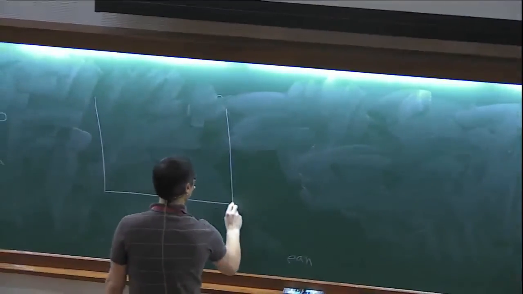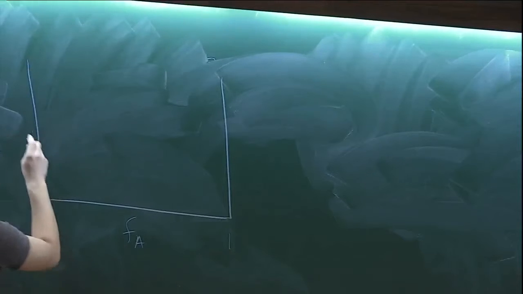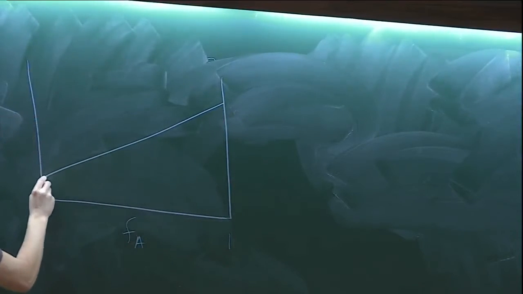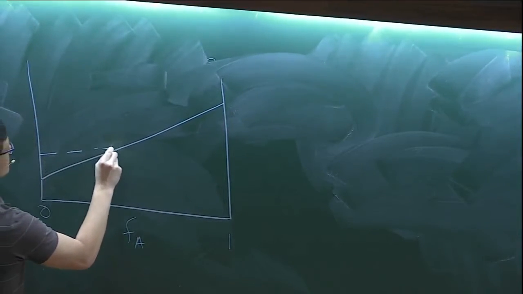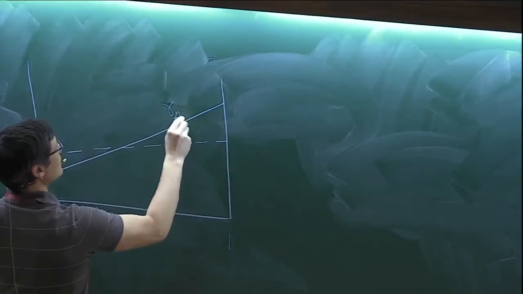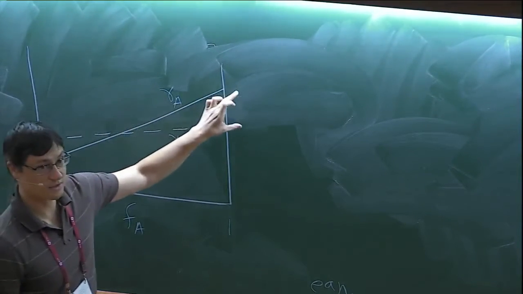So what I'm going to do is draw the payout for gamma A, gamma B, so the growth rates. This is gamma A, and this is gamma B. And we can go ahead and try to label what each of these points is.